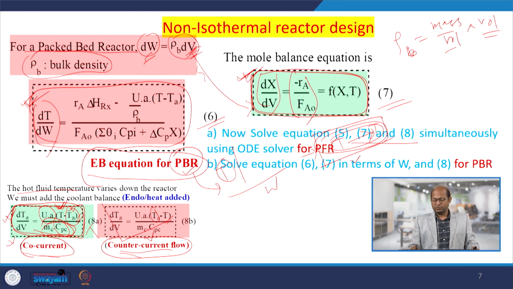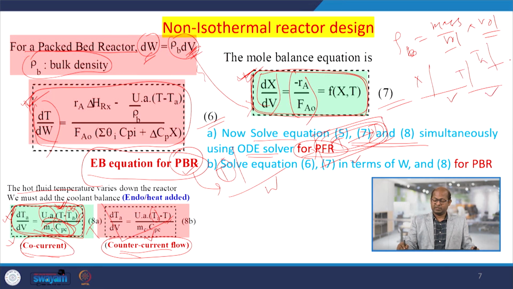So these 3 equations we have to solve using ordinary differential equation solvers for plug flow reactors. Then we can get X versus V, T versus V and Ta versus V. X means reaction conversion along the length, the reaction temperature along the volume, and along the changes of volume we can find the coolant temperature profile.